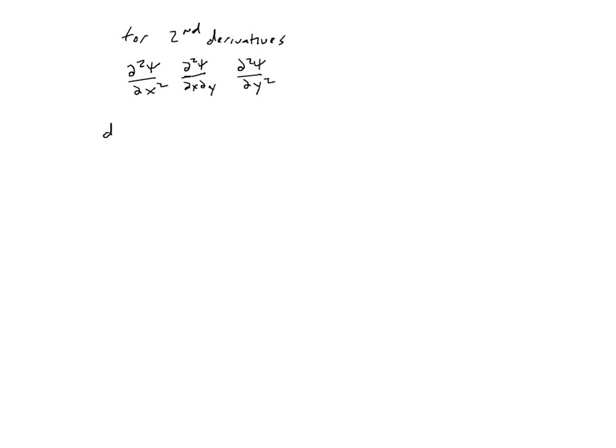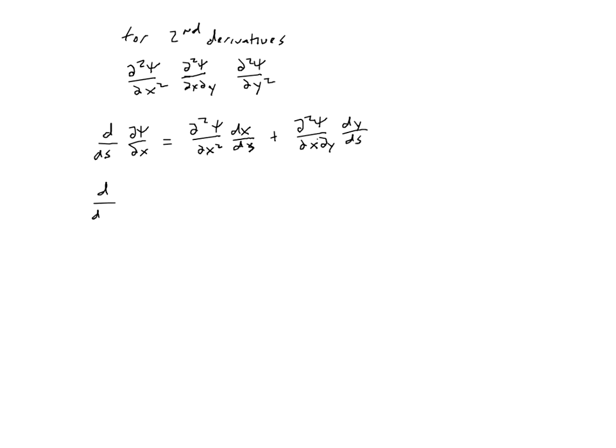And when you do that, you have d ds of partial psi with respect to x is equal to the second derivative of psi with respect to x squared, dx ds, plus the second derivative of psi with respect to x and with respect to y, dy ds.